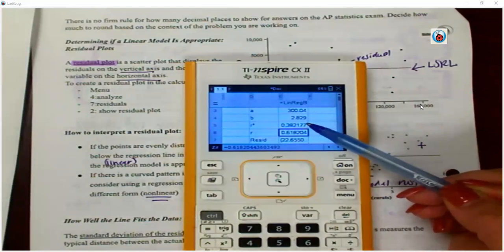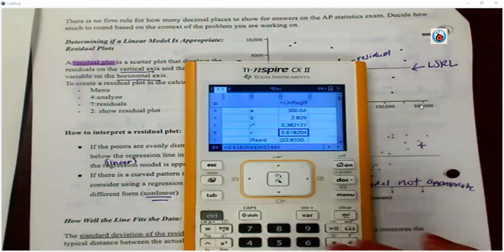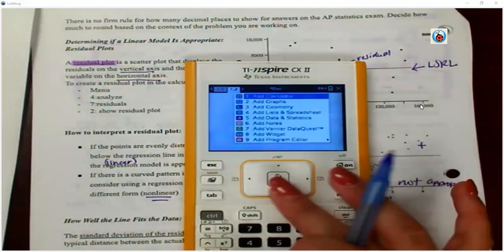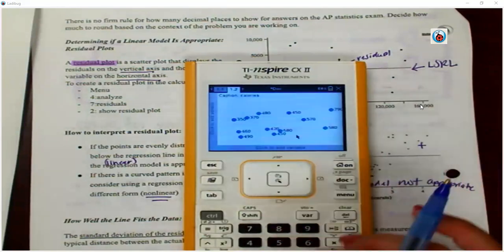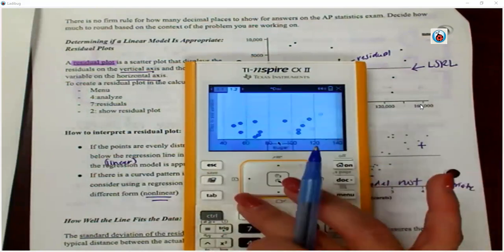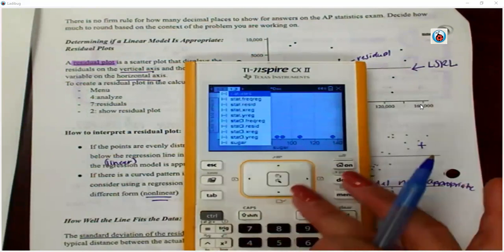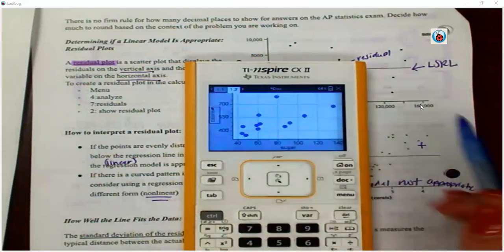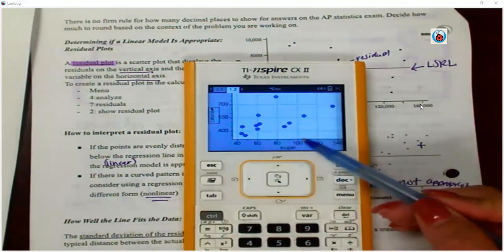Now, if you recall, to graph this, I'm going to do Control Doc, go for data and statistics. Then on the x-axis, I'm going to put sugar, and on the y-axis, I'm going to select calories. This should match what we did in the first section.